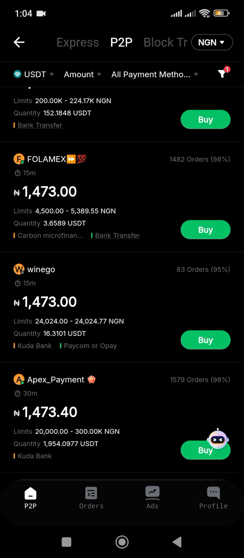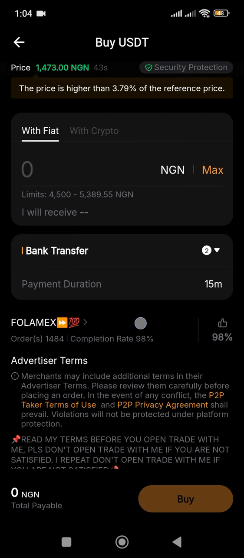So I can actually buy from this person. When you open the ad, you can either choose fiat or crypto. That is the amount of the asset you want to buy.